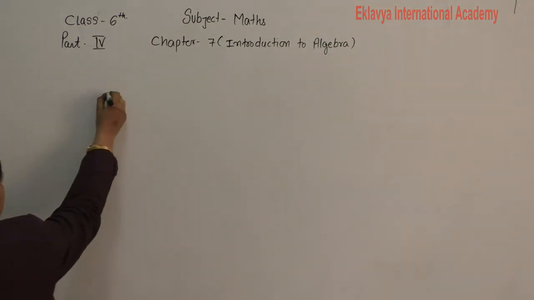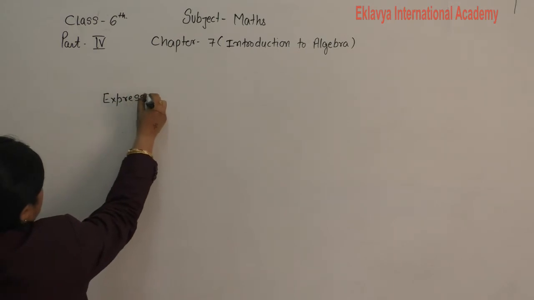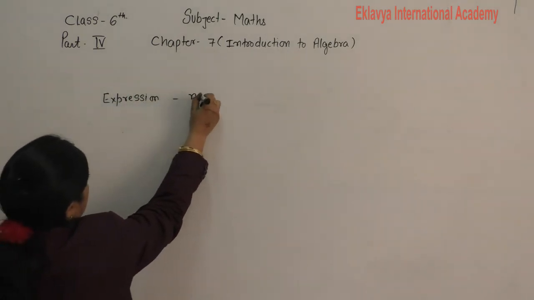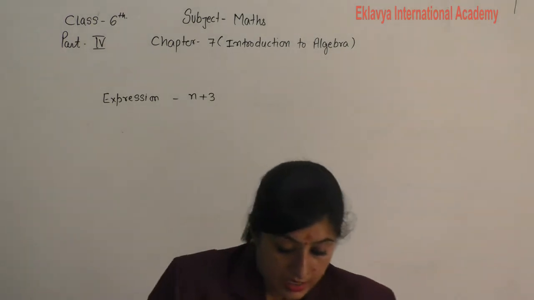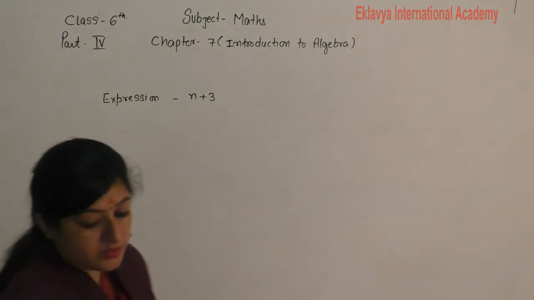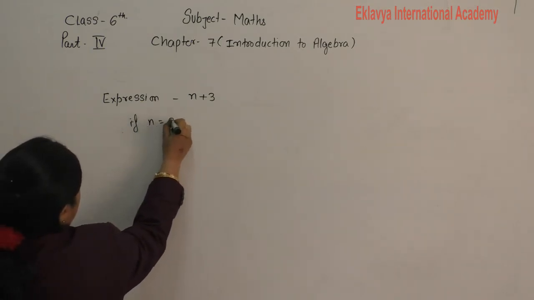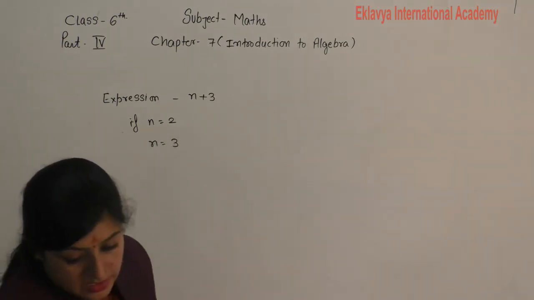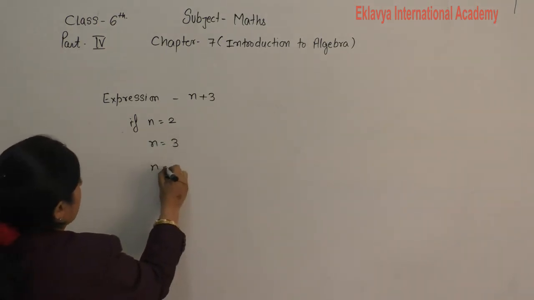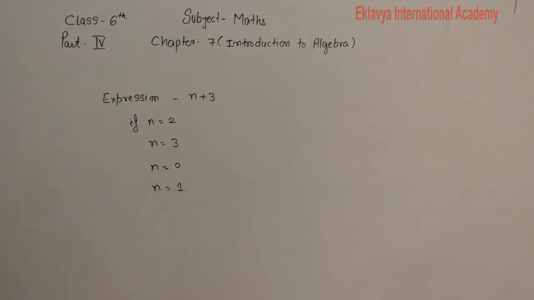One algebraic expression given to you, n plus 3, and find the value if n is equal to 2, n is equal to 3, n is equal to 0, n is equal to 1. What will we do?